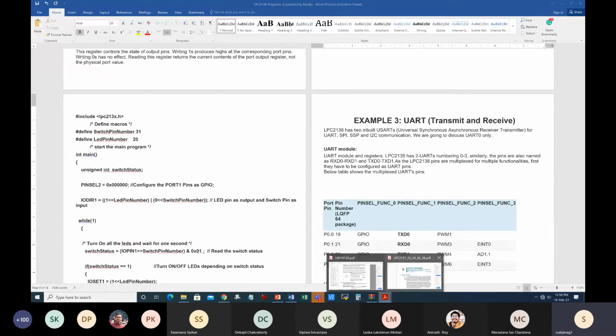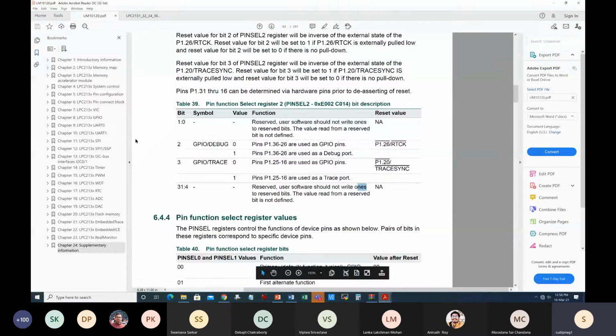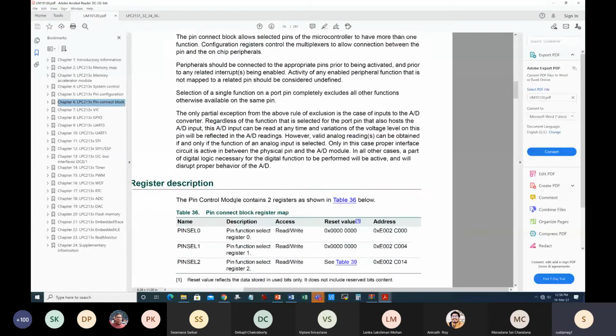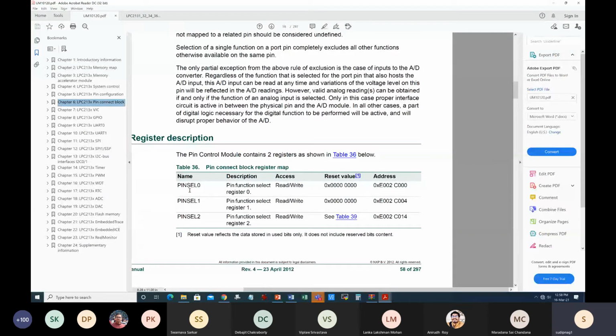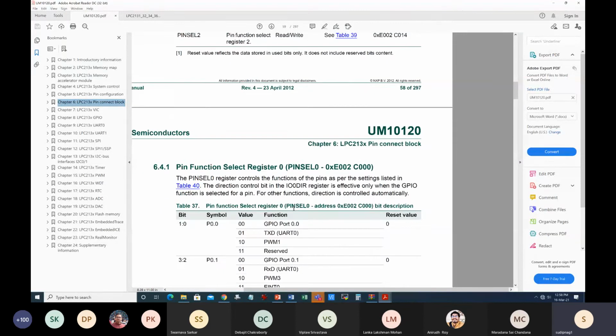So let's jump to the manual first, and then we will stop in another 5 minutes. For using any of the peripherals, if it involves any output or input pins, whatever physical pin of the microcontroller, you should always go through the pin connect block, and through this pin select you have to configure your respective pins, whether it is UART or any other.